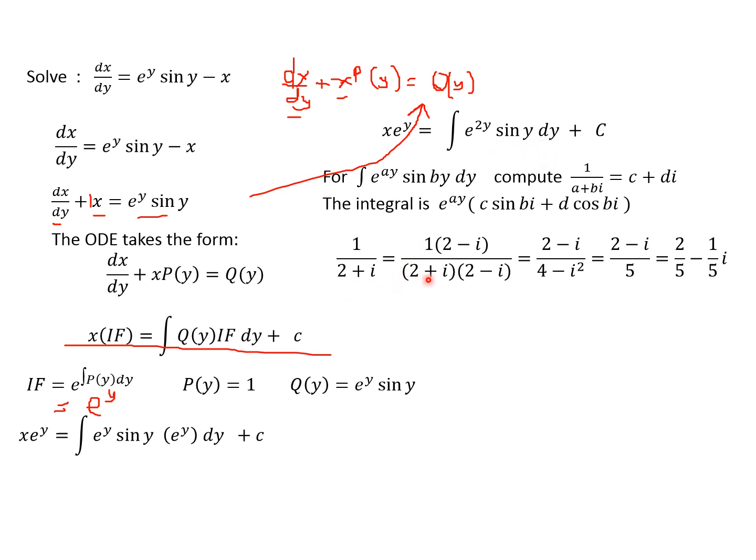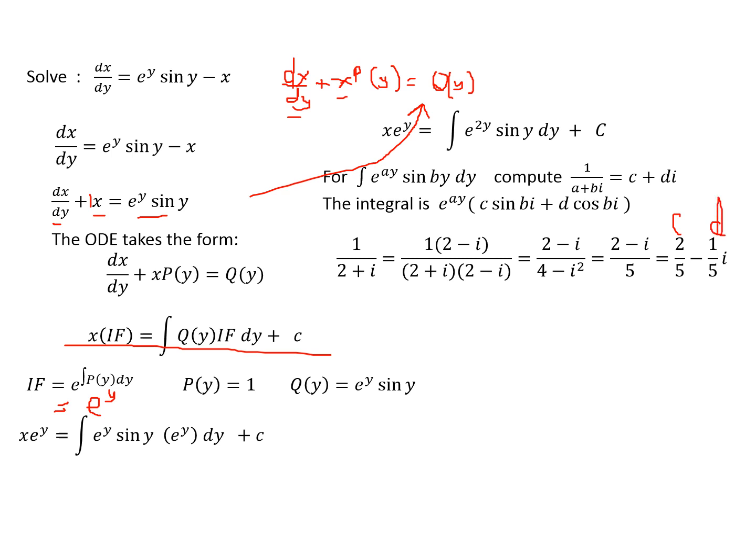Multiply it by its conjugate, 2 minus i. You distribute: 2 minus i over 4 minus i squared, that's negative 1, so 2 minus i over 5, and that's 2/5 minus 1/5 i. So this is your c, and this is your d.